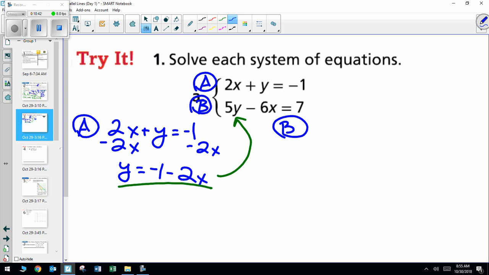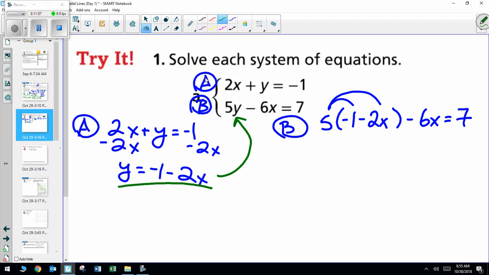So for equation B, I have 5 times (-1 minus 2x). There you want to use the parentheses because you have to distribute that 5 to everything in the parentheses. So I replaced the y with what we found y equal to using the first equation.